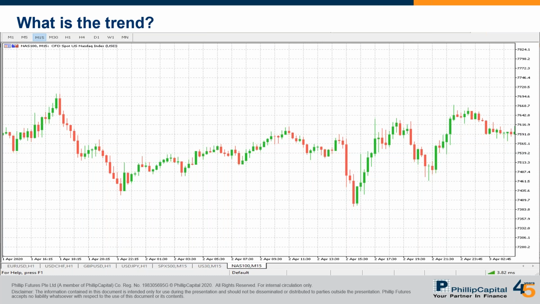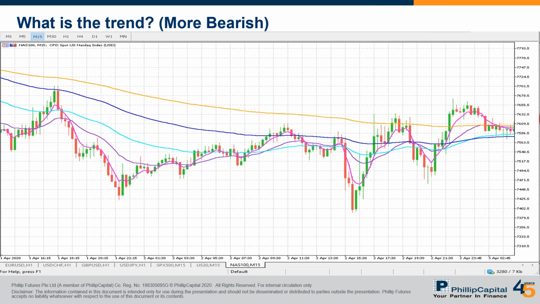Now, if I add in the moving average lines, at a glance we can say that generally it's more bearish. Why? Because the prices are below the EMA 200. And at the starting point from the left, you can see the sequence 5, 20, 50, 100, 200. So probably this is the start of a downtrend.